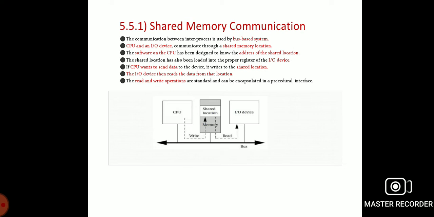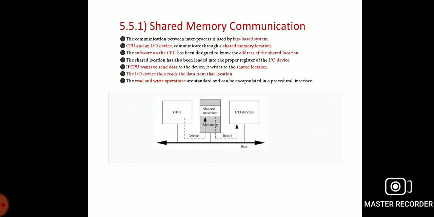So when the CPU wants to send data to the device, it writes the shared location and reads the shared location also. Now the input output device then reads the data from that location. The read and write operations are standard, and they are encapsulated in the procedural interfacing.